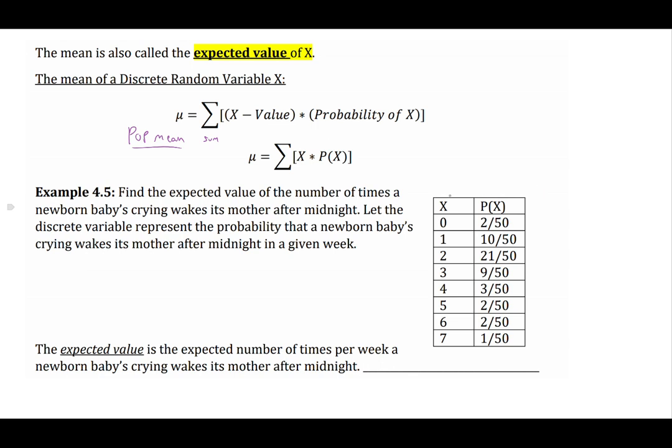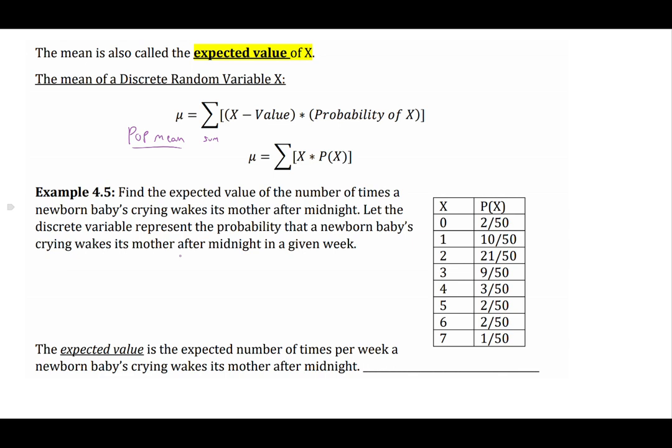Example 4.5 says find the expected value of the number of times a newborn baby's crying wakes its mother after midnight. Let the discrete variable represent the number of times that a newborn baby's crying wakes its mother after midnight in a given week. So X, the variable, represents the number of times the mother is woken after midnight in a given week.